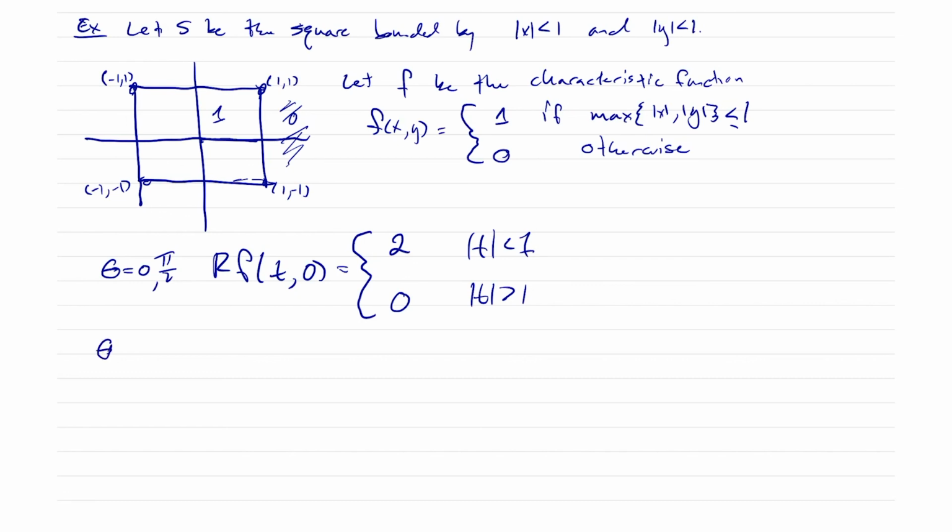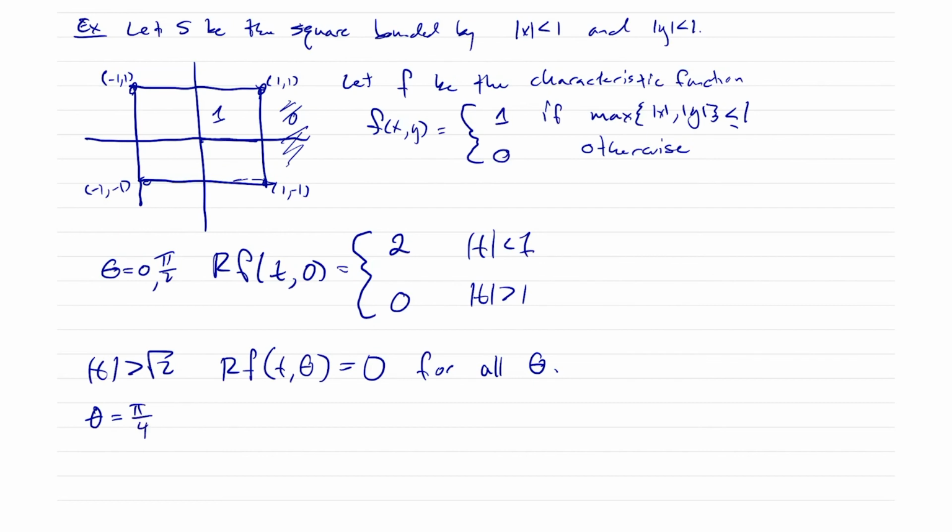If the absolute value of t is bigger than, say, square root of 2, then we know that Rf of (t, theta) is equal to 0 for all theta. Let's say that theta is equal to pi over 4.